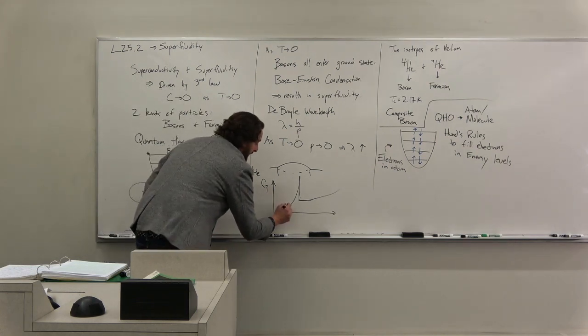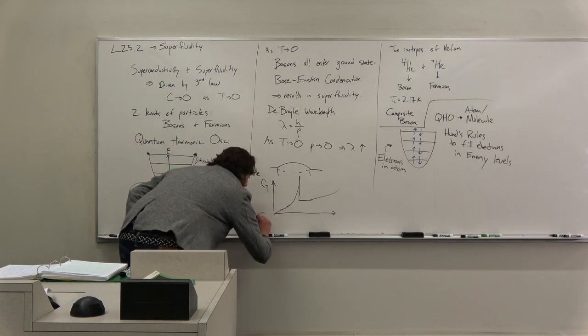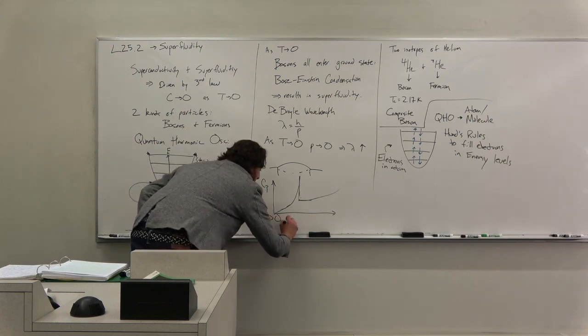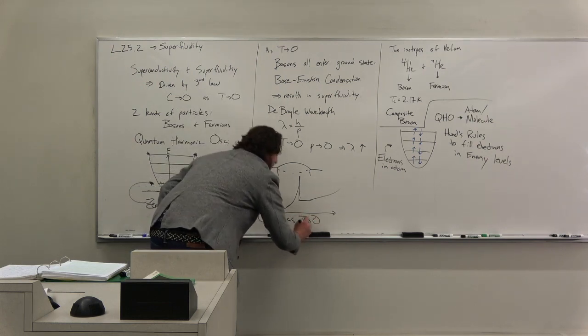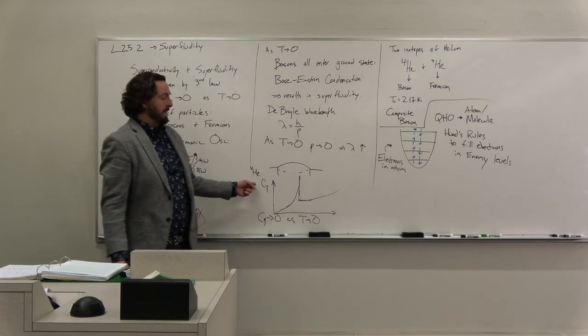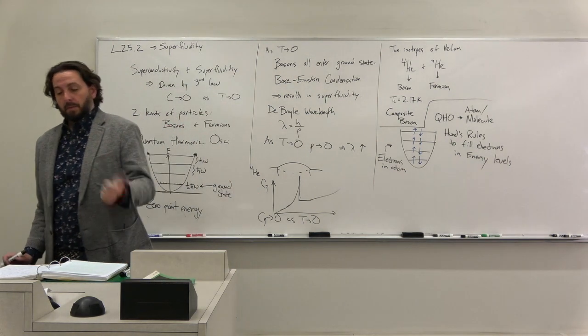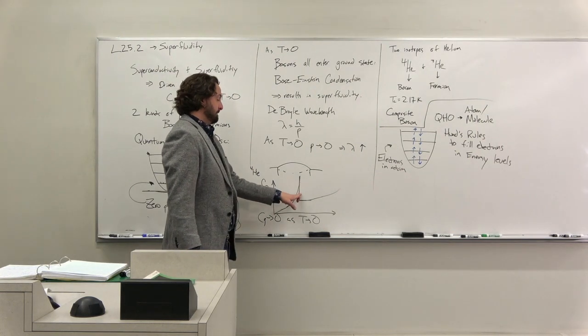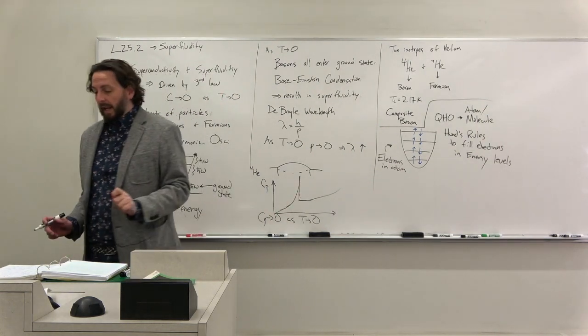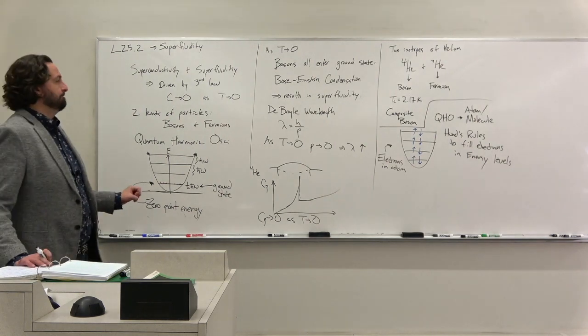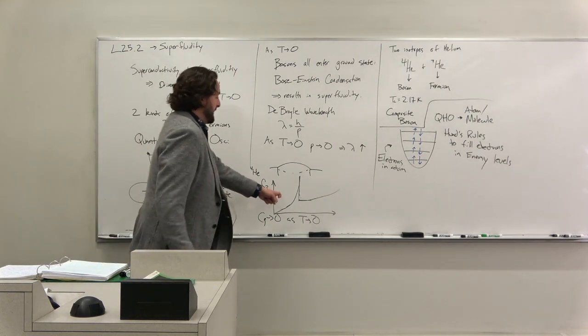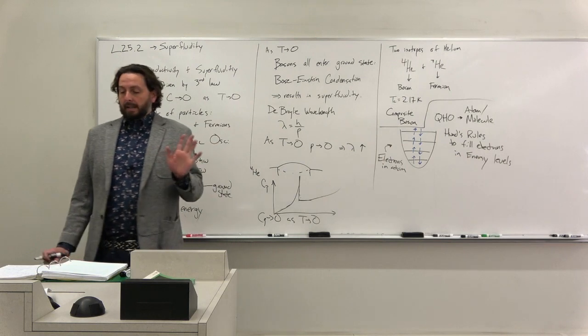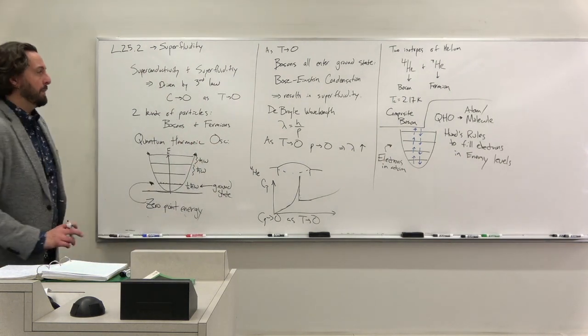And one important thing is that the heat capacity goes to 0 as T goes to 0. That is, superfluidity in helium-4 is a second order phase transition, and so there's a discontinuity in the heat capacity. All right, so that's helium-4.